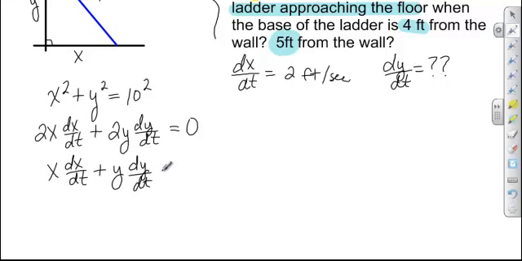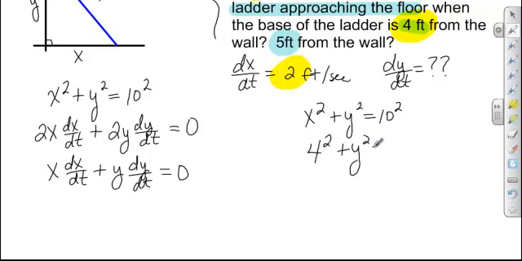And we're going to start with an x value of 4. We know dx over dt. We're looking for dy over dt. The one thing that we need that we don't have is a measurement for y. So again, using the same relationship, x squared plus y squared is equal to 10 squared, we're going to plug in 4 for x and solve for y.